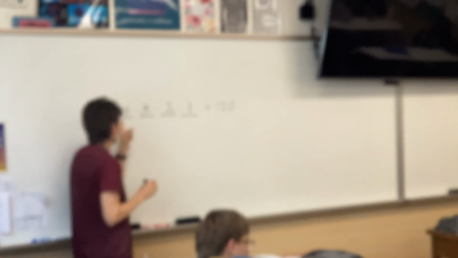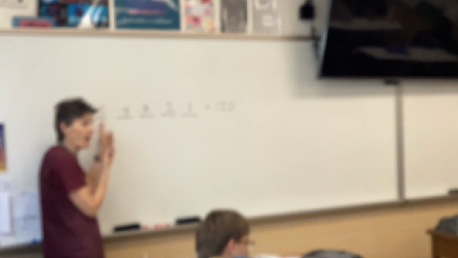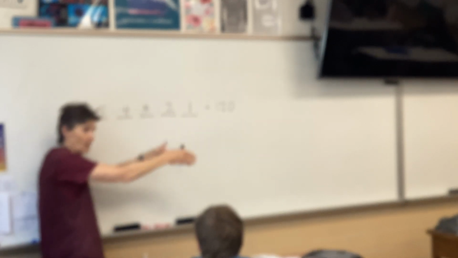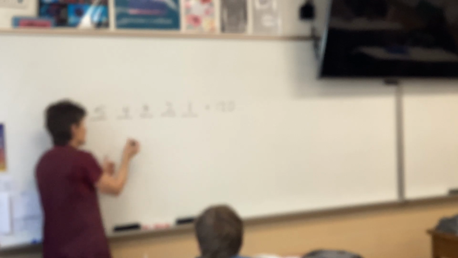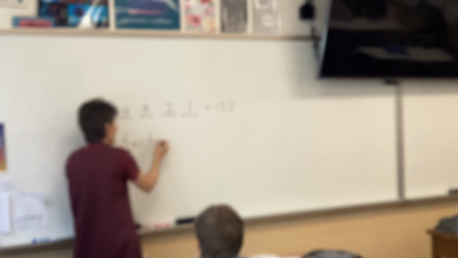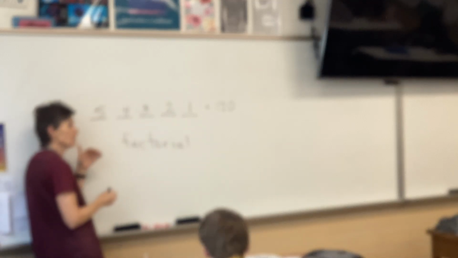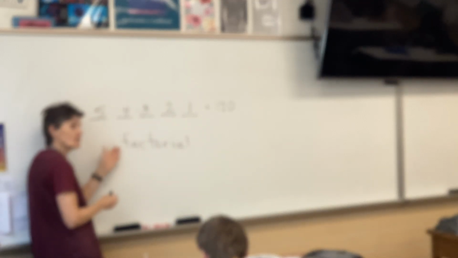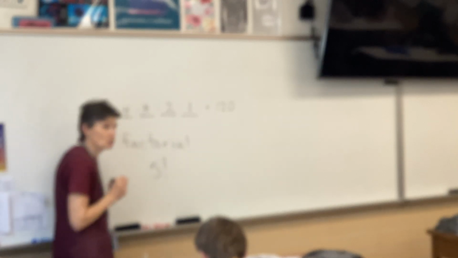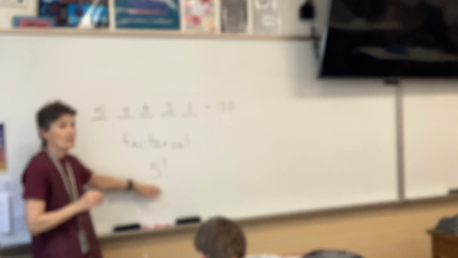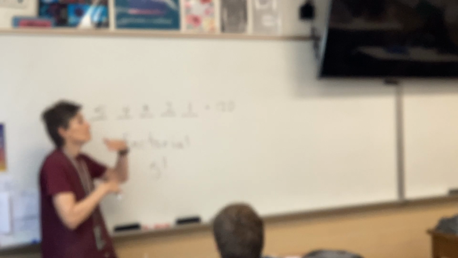When you start with a number, in our case 5, and you multiply by everything down the line till you get to 1, it's called a factorial. And the notation for 5 factorial is 5 with an exclamation point. That notation means start with 5 and go 1 down.